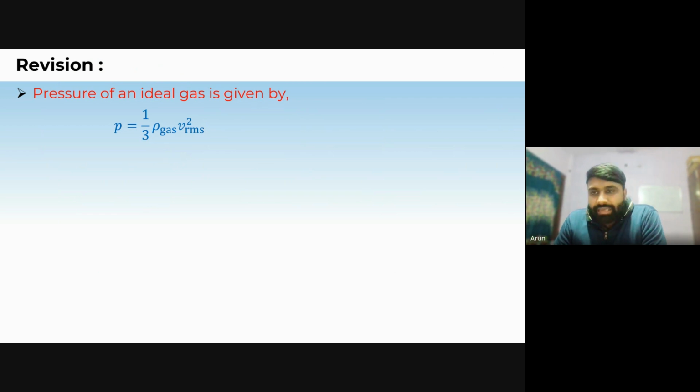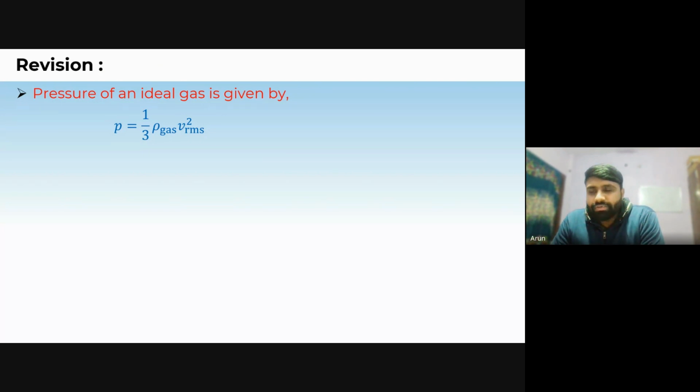Kinetic theory of gases we have discussed, and also the kinetic interpretation of temperature, like temperature in terms of kinetic energy, and we have also seen the expression of the total internal energy of a molecule in terms of temperature, which is 3 by 2 kB into T, where kB is the Boltzmann constant. So this all we have discussed in the previous lecture.